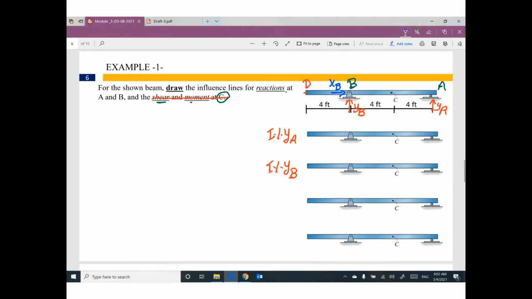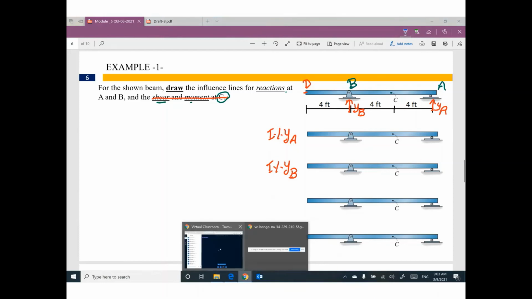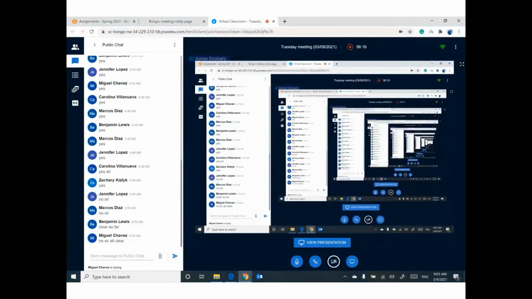Anybody can tell me why? The horizontal reaction is nothing for me in influence lines. Please believe me, it will be zero all the time. Do you know why?